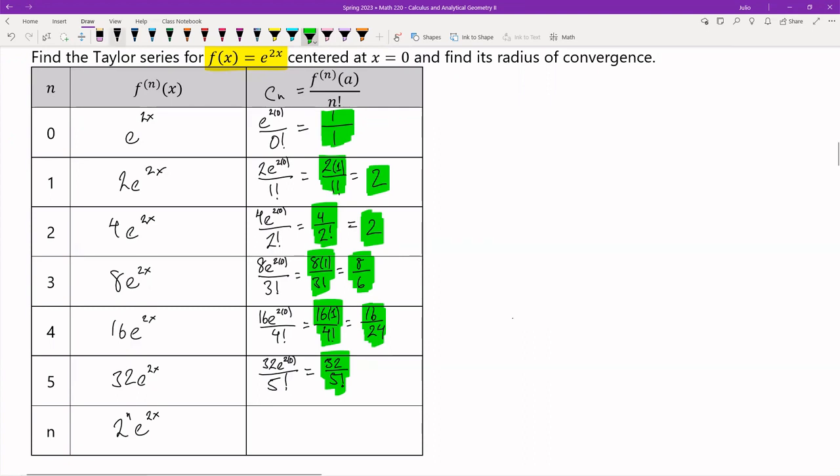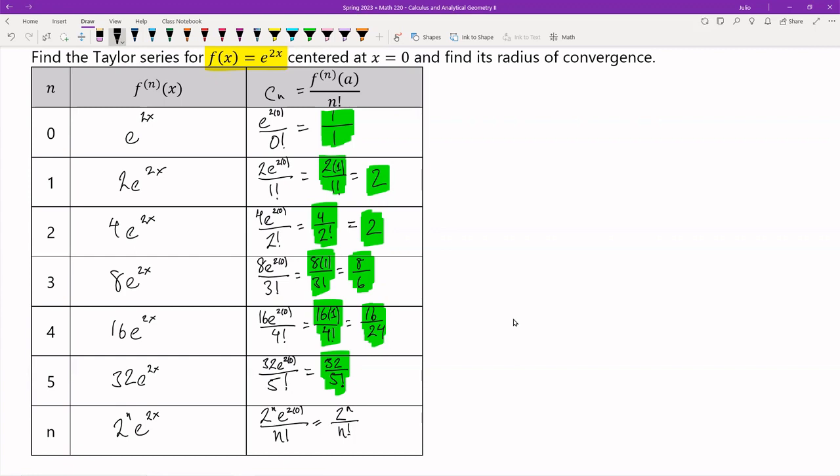So it's going to be 2 to the n, e to the 2 times 0, all over n factorial. e to the 2 times 0 is going to be 1. So this is going to be 2 to the n over n factorial.